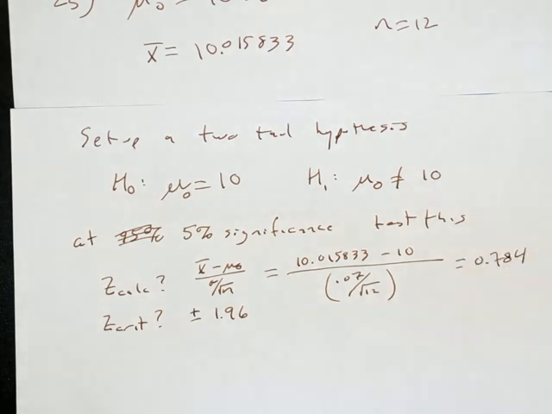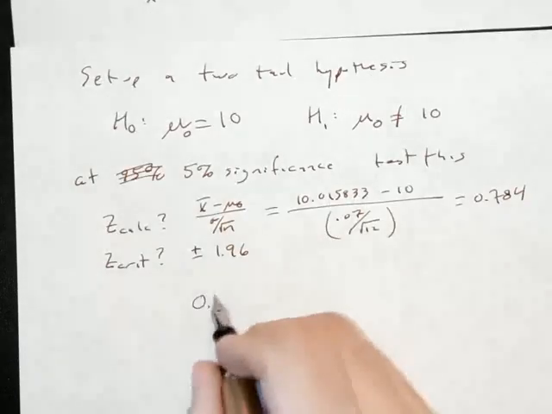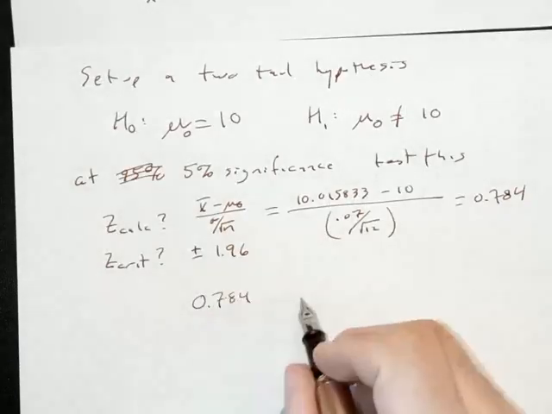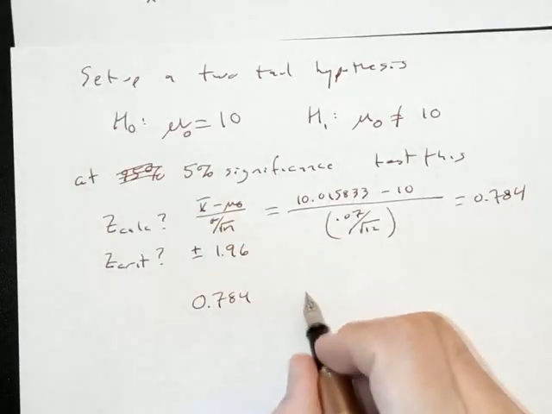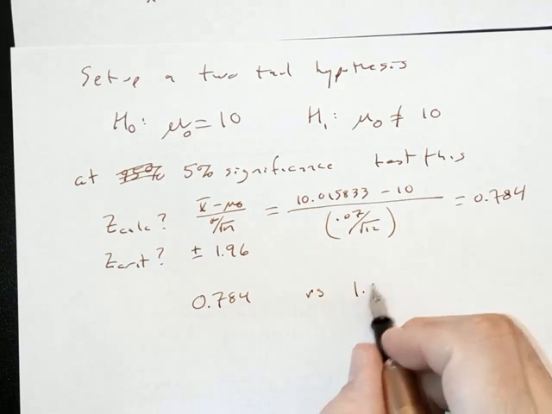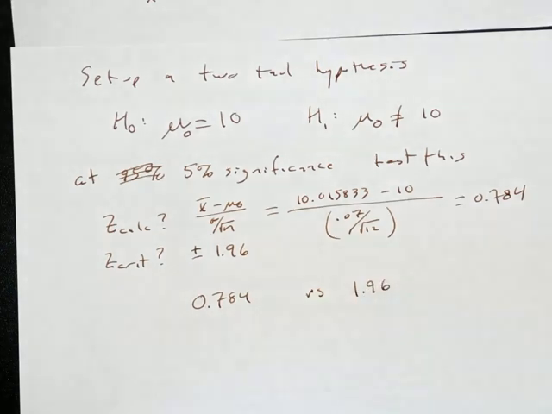Hey, wait a minute. That's a positive number against the absolute value of this. What do I do? How do I make the decision? Those are the two numbers I'm comparing.